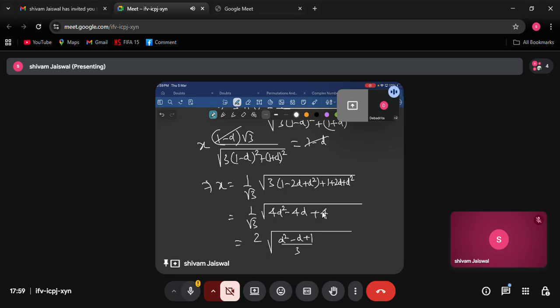Then it will be half. Now substitute half. Whichever option matches, that will be the answer. That is also correct.